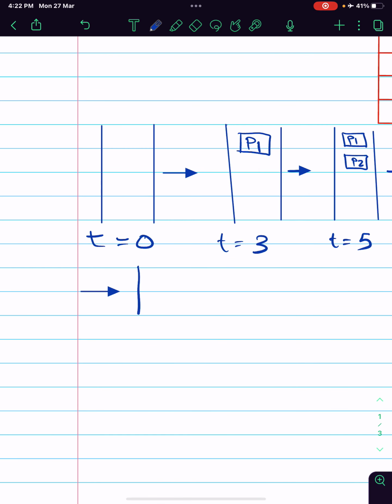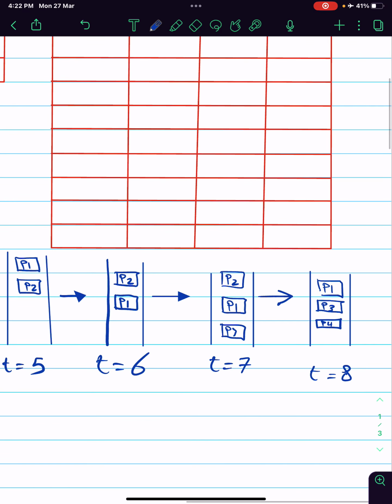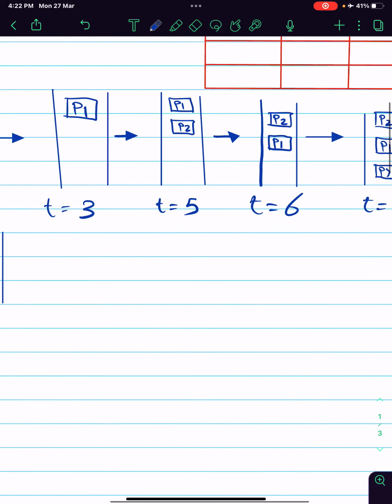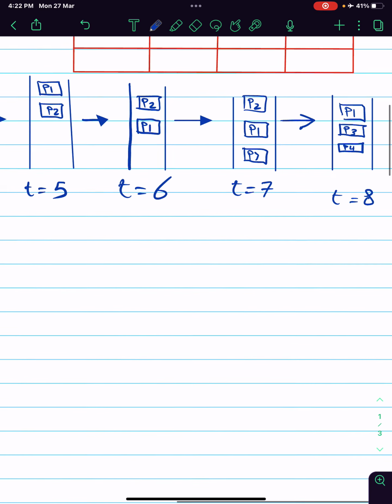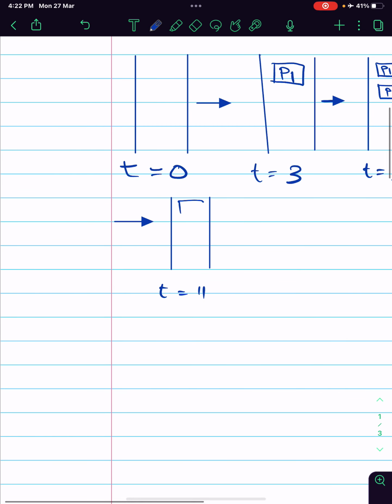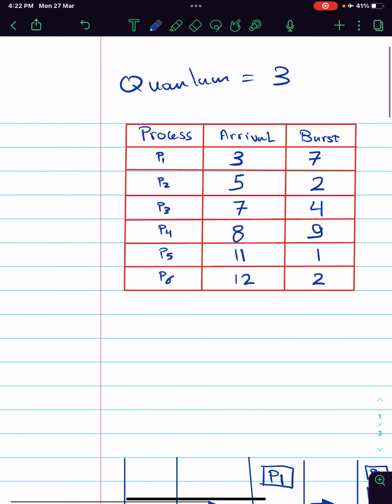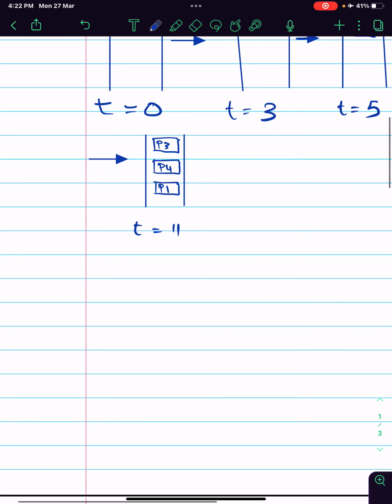So here, this is time 11. P1 will finish the quantum, so it will leave the processor and go back to the queue. So you're going to have the queue with P3 on top, P4, P1, and then the arrival at time 11, P5.